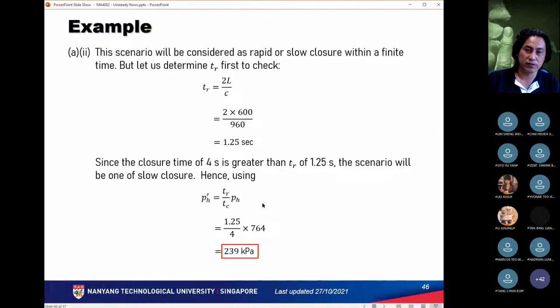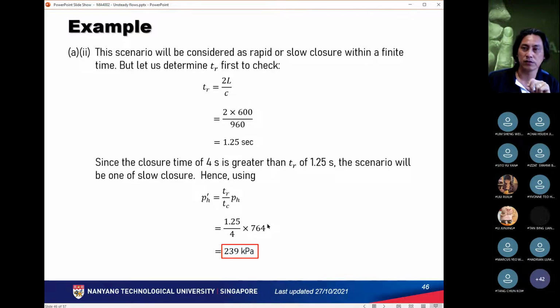So we can make use of this empirical formula to calculate the maximum water hammer pressure for this slow closure scenario. TR divided by TC multiplied by the maximum water hammer pressure for a rapid closure, which we found out is 764 kilopascal. TR we found is 1.25 seconds, and TC, the closure time, is 4 seconds.